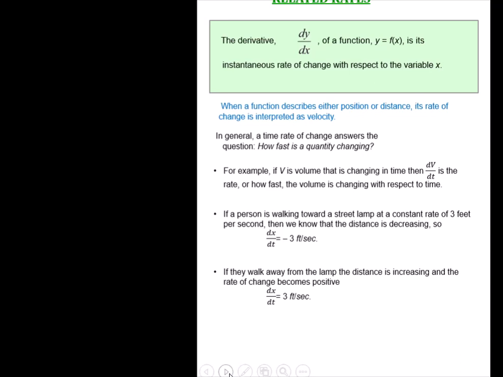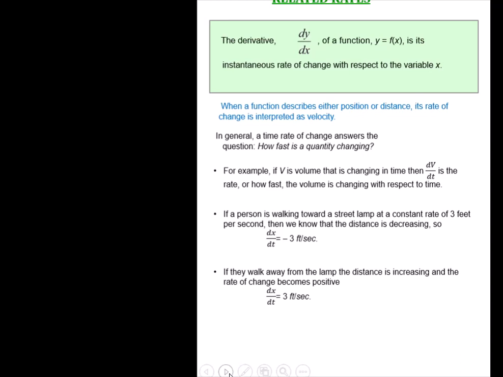The rate at which quantities that we're interested in are increasing or decreasing in relation to some other rate in that problem. When a function describes either position or distance, its rate of change is interpreted as a velocity. And by velocity, we mean not only a magnitude like speed, but also a direction.